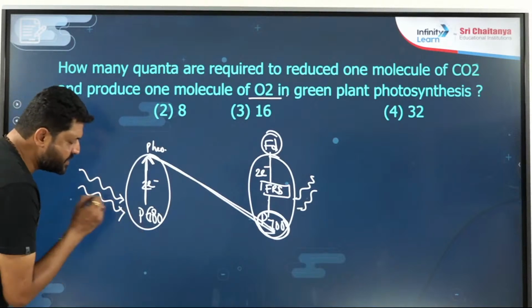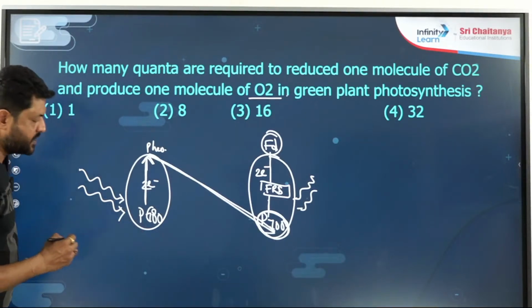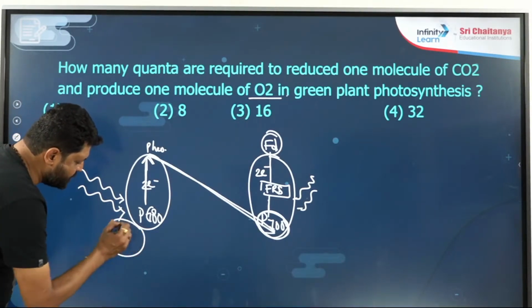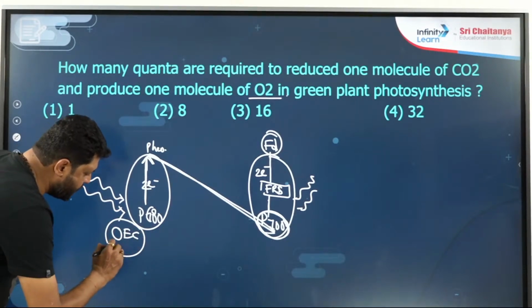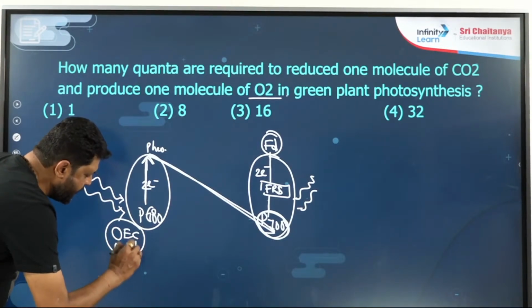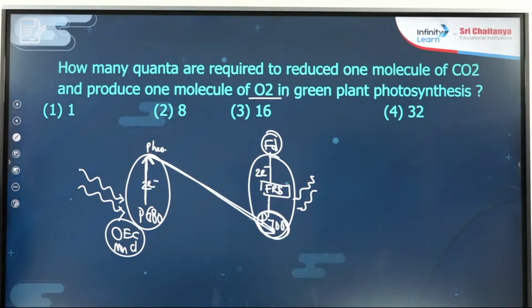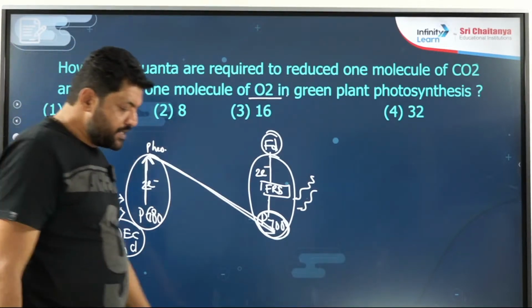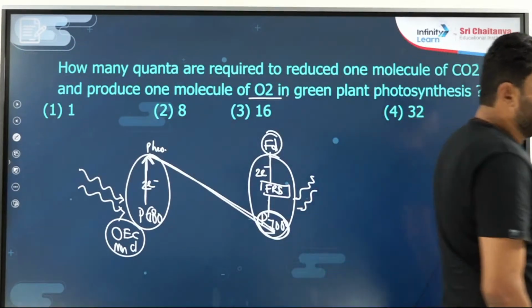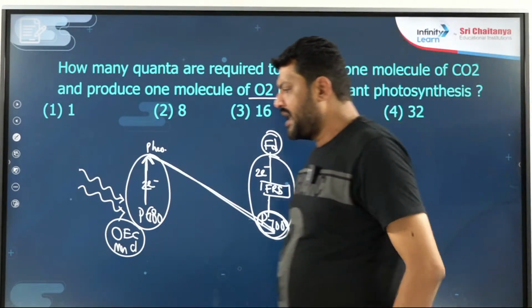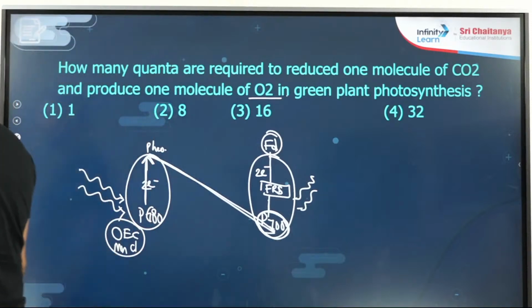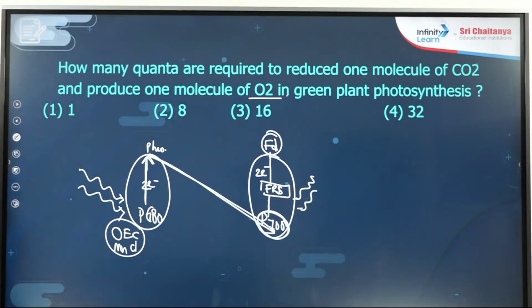Now P680 requires 2 electrons, which can be substituted by the OEC, the oxygen evolving complex, in which Mn and Cl will be there. Of course this topic is deleted from the portion, but the question can be asked: which of the following mineral elements are essentially required for the photolysis of water?